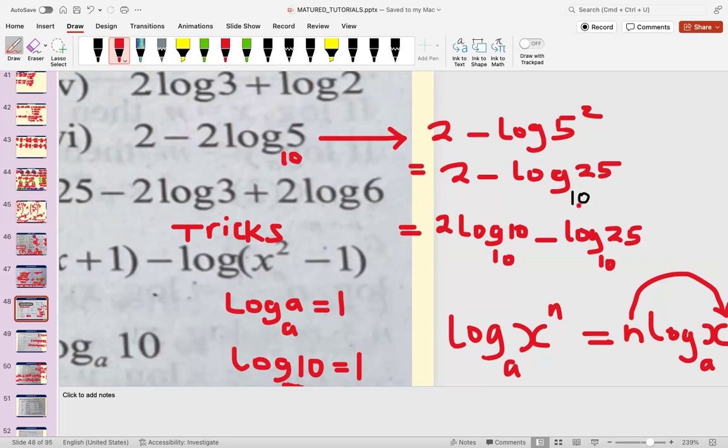So that was why I brought it here, because there's no number here, then it now becomes log 10, 25. Is it better now, Festus? Yes, sir. Sir, it's clear now.